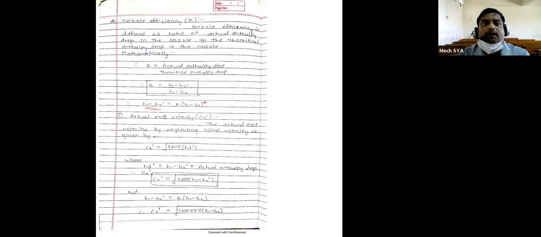Okay, nozzle efficiency. You define nozzle efficiency now. Nozzle efficiency was already defined, so write down this also.